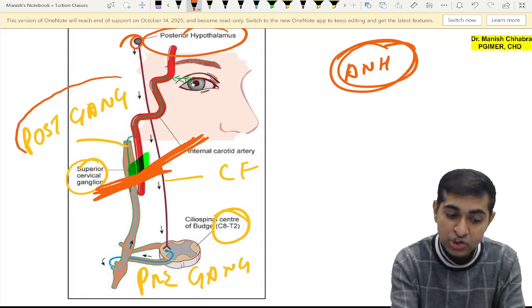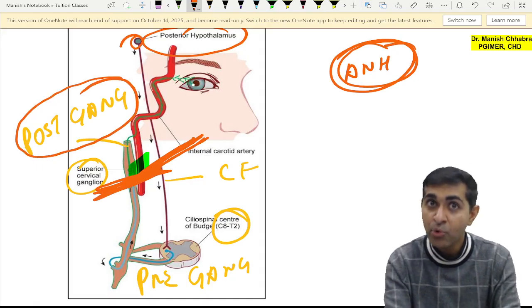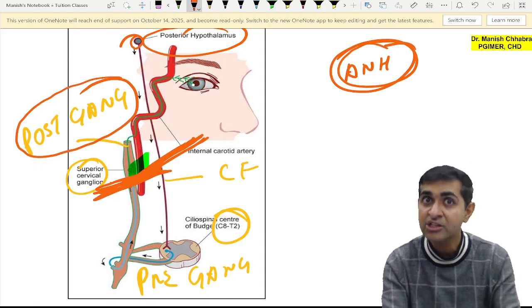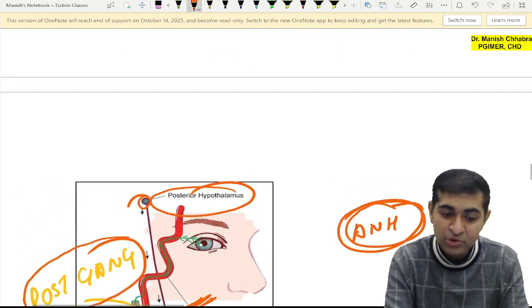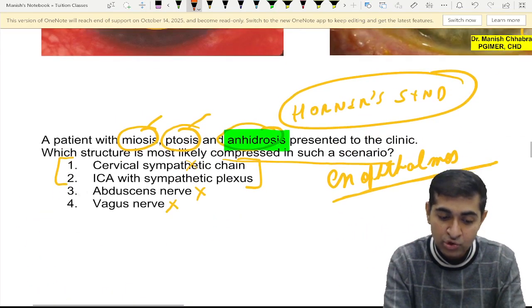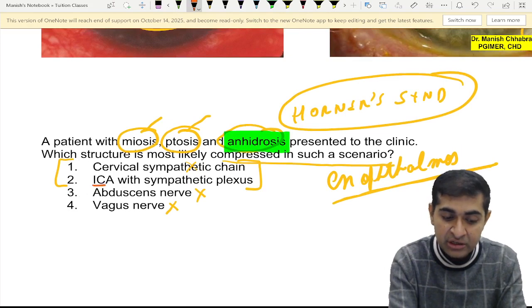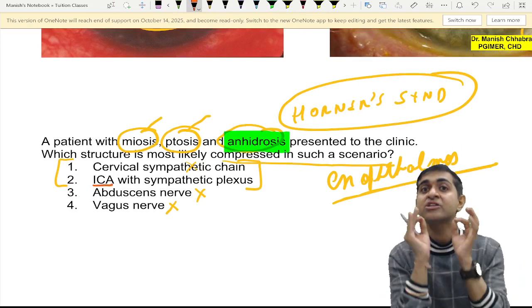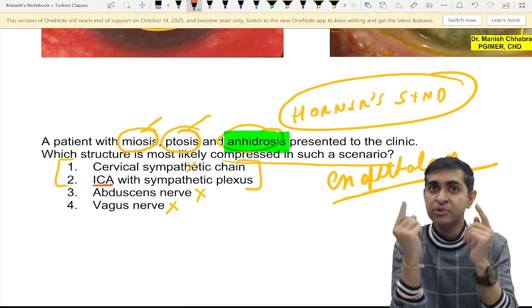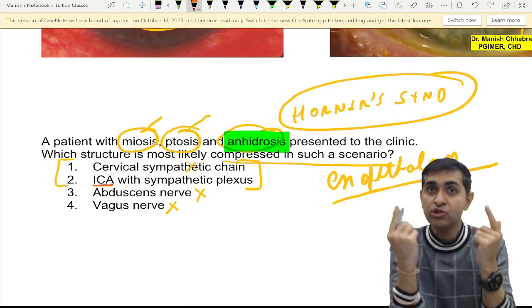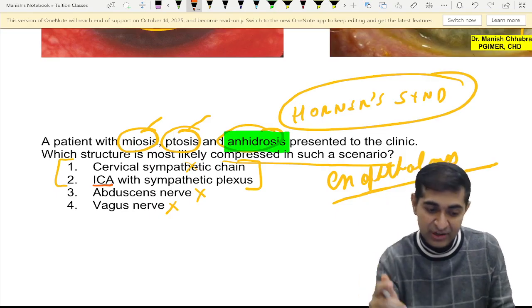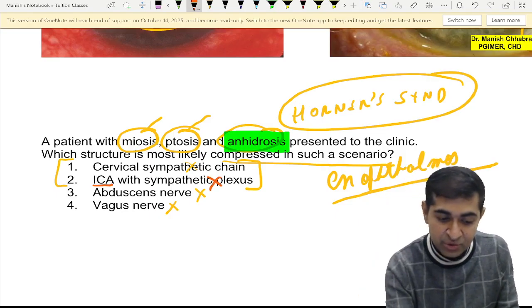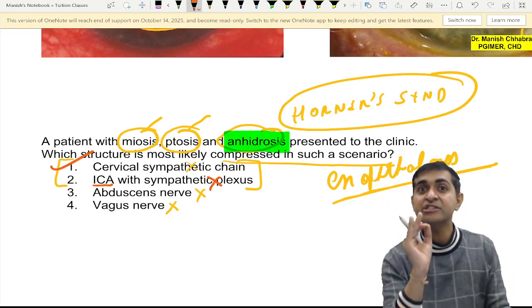Had there been postganglionic Horner syndrome, there would not have been anhidrosis. So now you know the answer, because I told you that ICA, internal carotid artery, starts the sympathetic plexus loops around internal carotid artery in the postganglionic phase, so it is eliminated. So the answer is cervical sympathetic chain.